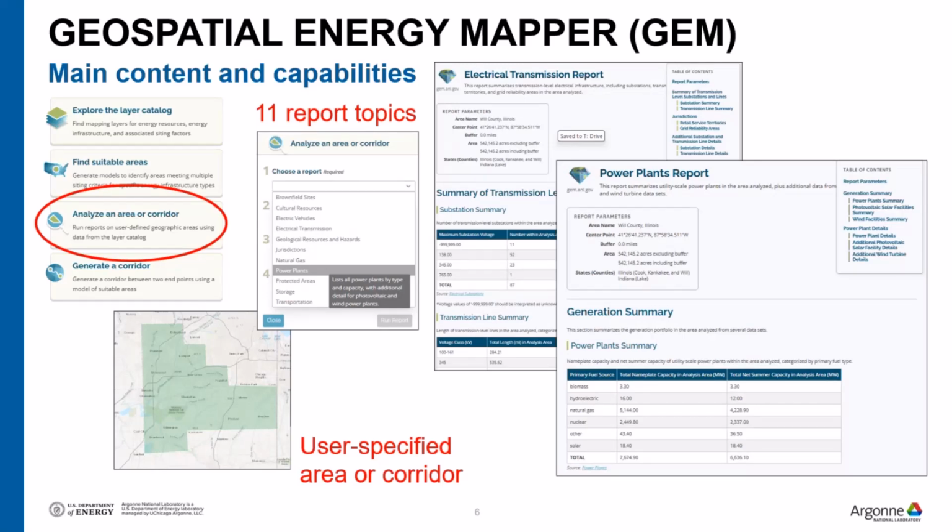Here you can take an area you're already interested in and learn as much as you can about it. At the lower left, you can see the footprint sketched on the map. You can then choose a report topic and launch it. And at the right there are some examples of the output generated for these particular reports.